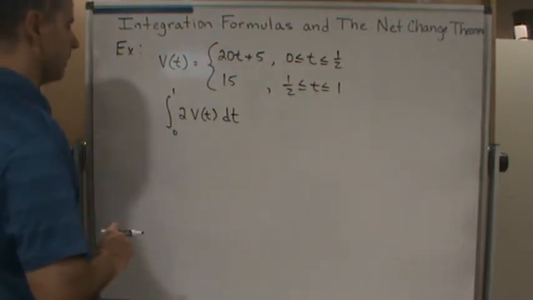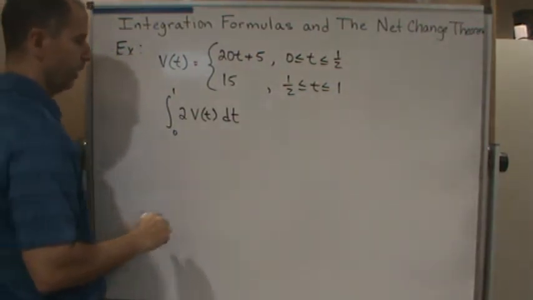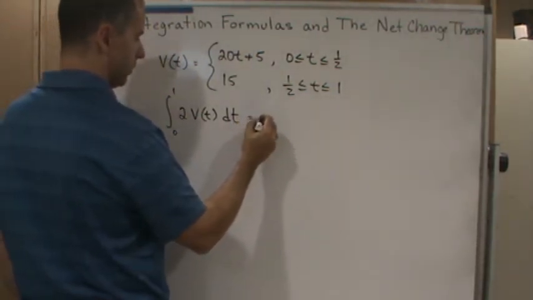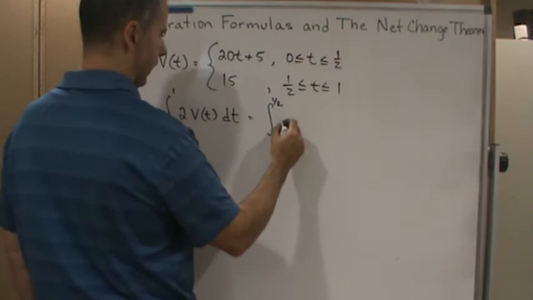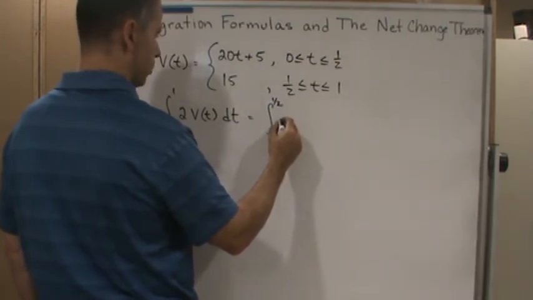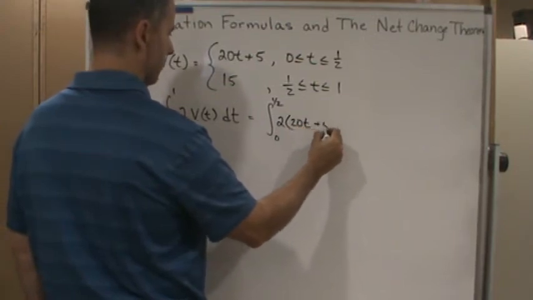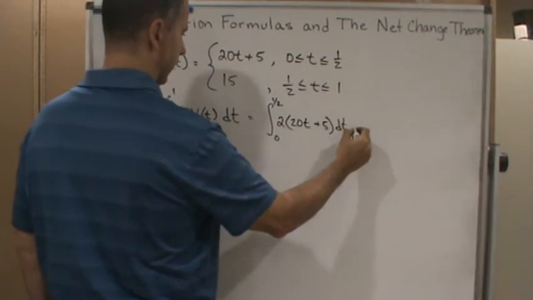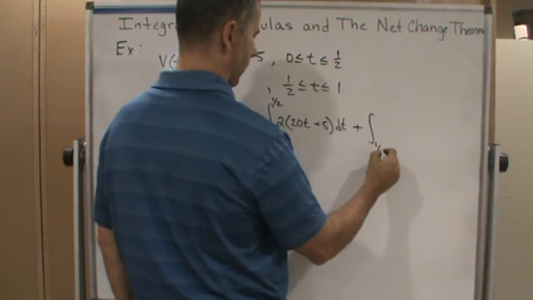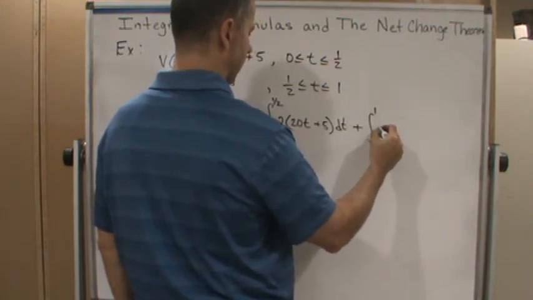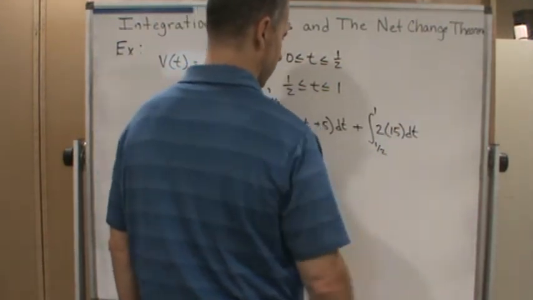Now, we have to consider the change in the wind speed after a half an hour. So this is where we're going to split this up into 2 integrals. The first integral will be from 0 to a half of 2 times (20t plus 5) dt, plus the integral from 1/2 to 1 of 2 times 15 dt.